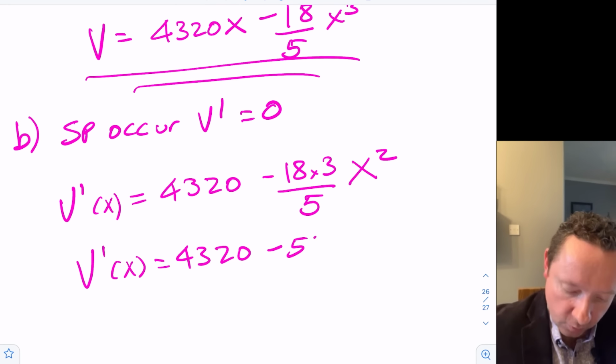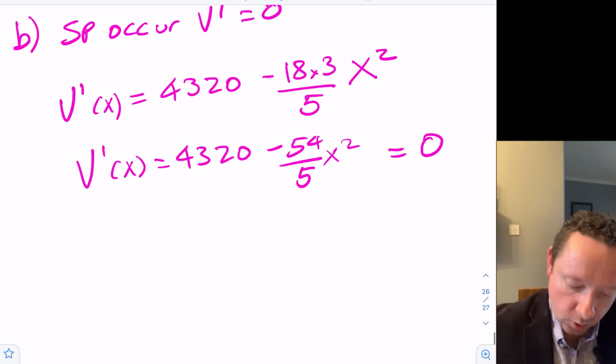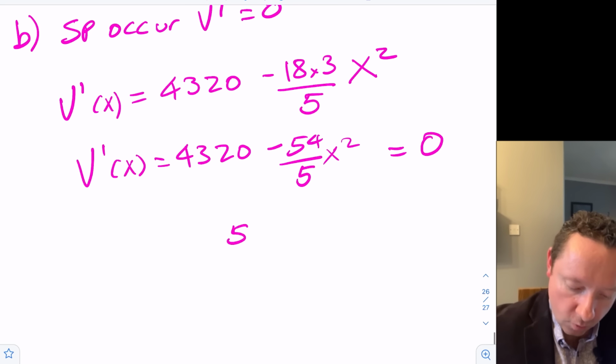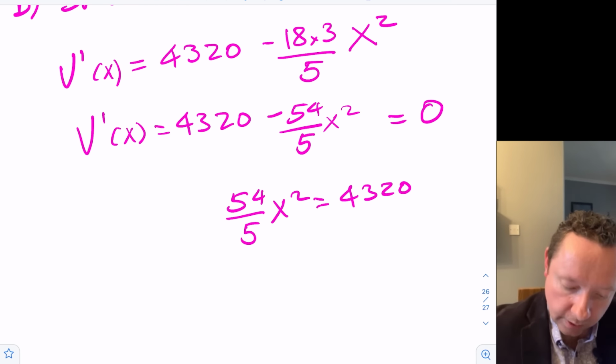So minus 54 over 5 x squared, and we're going to make that equal to 0. So we can say that 54 over 5 x squared equals 4320, taking that over to the other side. So multiplying by 5 and dividing by 54, I'll do that.